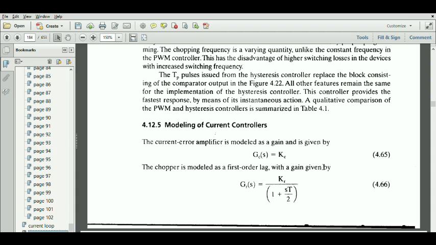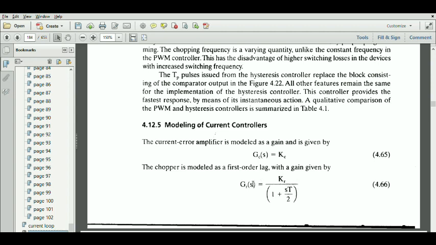Since it is a gain, we could consider it like this itself. But instead, we are modeling it with a first order lag, since in the chopper we are doing chopping, so there will be some lag. That is why your chopper will give the property of a first order lag, and we model it as a first order lag.